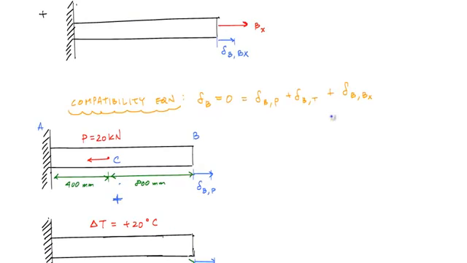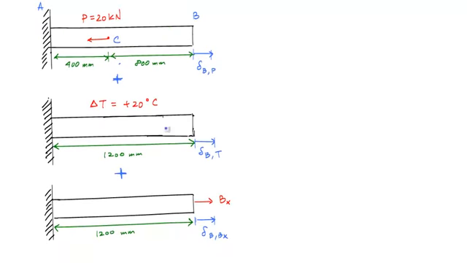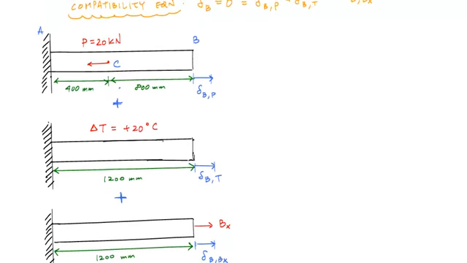With this compatibility relationship, I've been able to interpret my statically indeterminate problem as three simple axial deformation calculations, one with an externally applied axial force, one with a temperature change, and another with an externally applied axial force, which I'm calling Bx. And so all I've got to do now to solve this is just calculate the deformation at B for each of these three structures and then add them all up together.